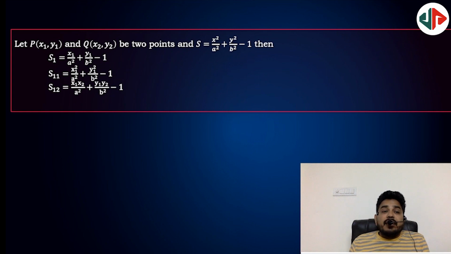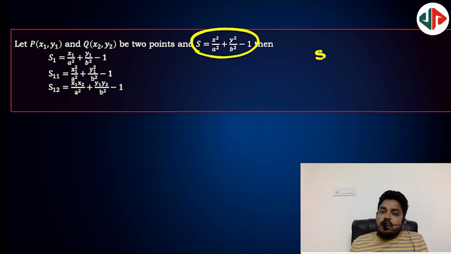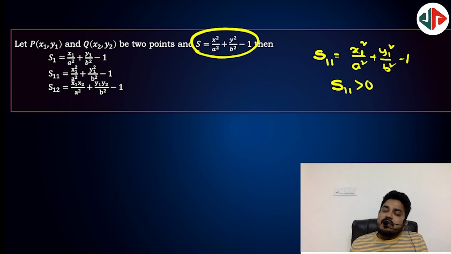Now, x1, y1, before going to this one, what happened? S is equal to this one. Now S11. S11 is x1 square by a square plus y1 square by b square minus 1. For example, S11 greater than 0, point lies outside.